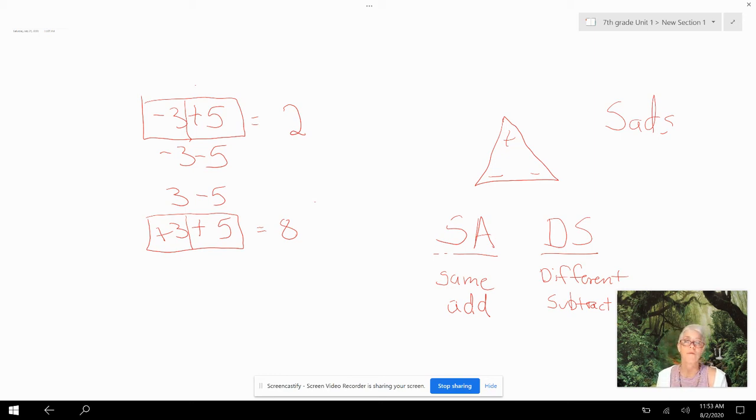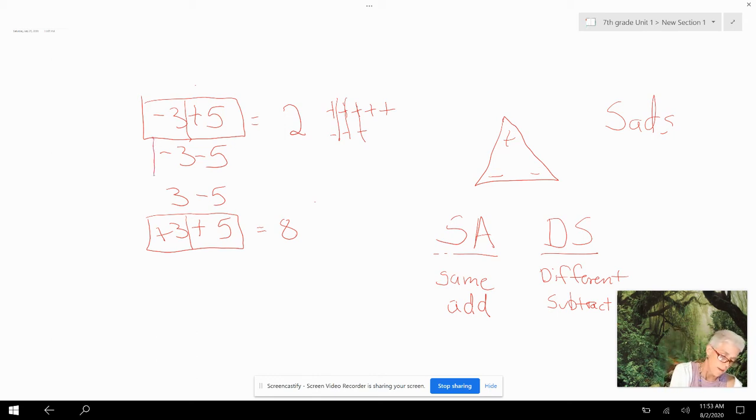I have 5 positives and 3 negatives. So I have a positive 2 because I have more positives. When you're adding and subtracting, the positives and negatives cancel each other out.